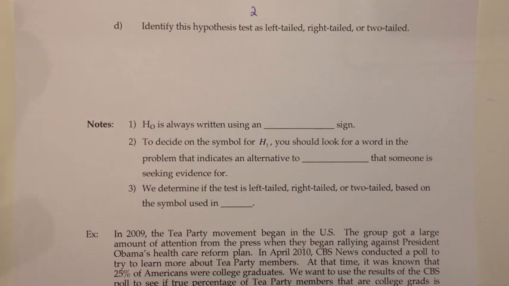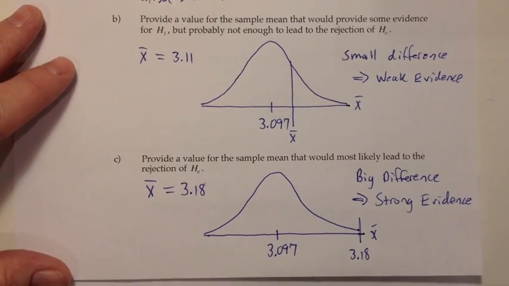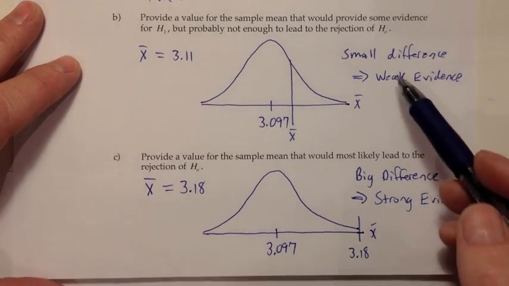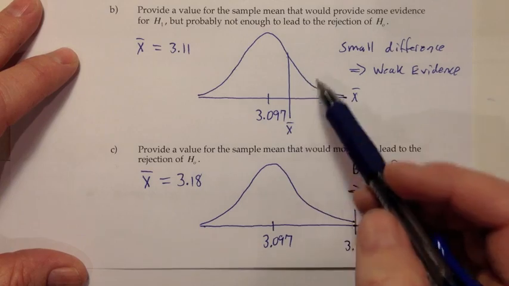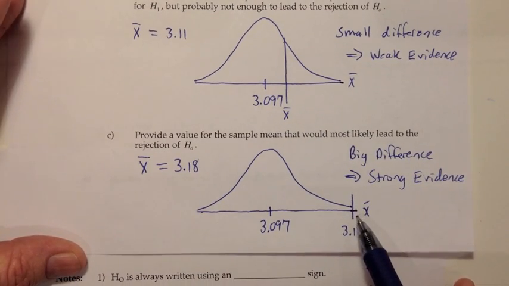Alright, continuing on with our example about the gas prices. They want us in part D to identify this hypothesis as left-tailed, right-tailed, or two-tailed. And the way we do that is we think about where our X bar would have to land for it to be considered strong evidence. So if we look back at what we just did on the previous page, to get strong evidence we said we have to land on the right, and in order to be able to reject we had to land out in the right tail.